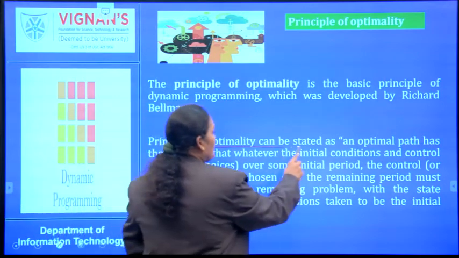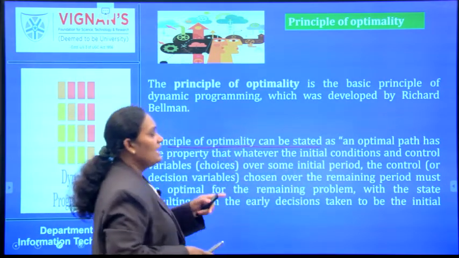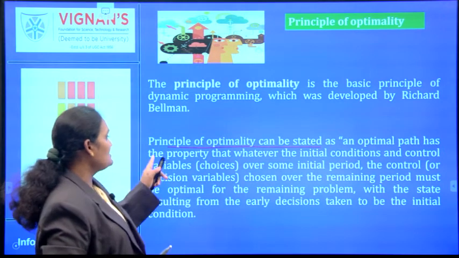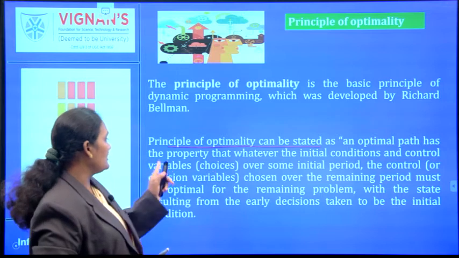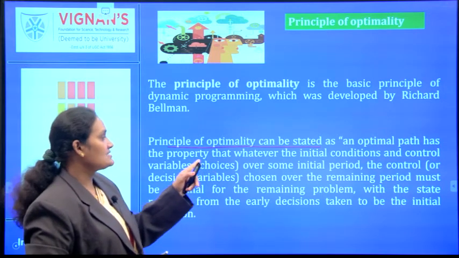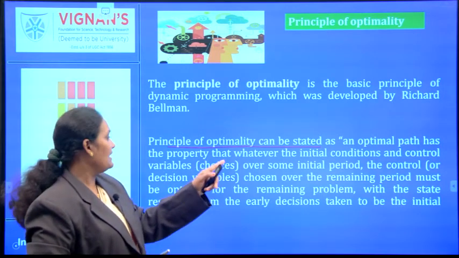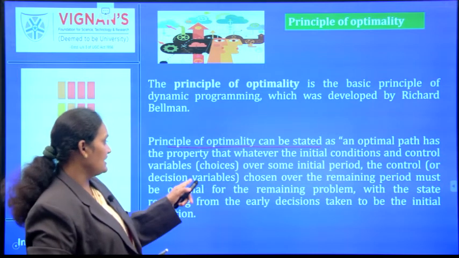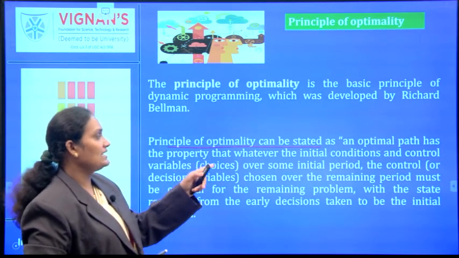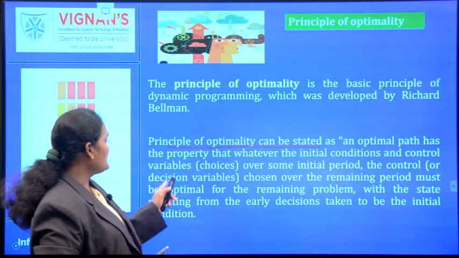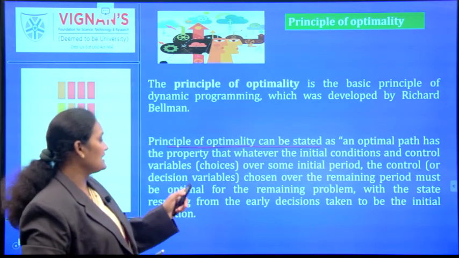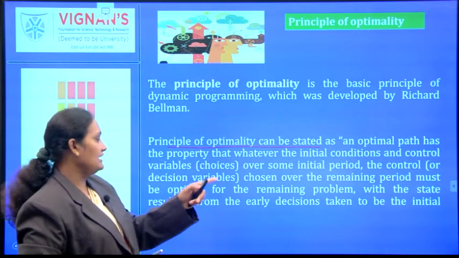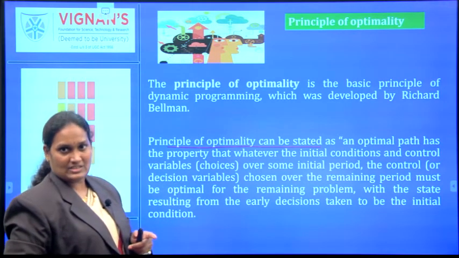The principle of optimality can be stated as: an optimal path has the property that whatever the initial conditions and control variables over some initial period, the control or decision variables chosen over the remaining period must be optimal for the remaining problem, with the state resulting from the early decision taken as the initial condition.